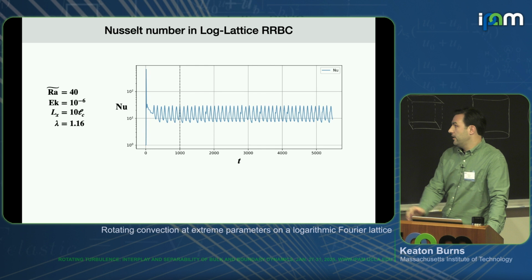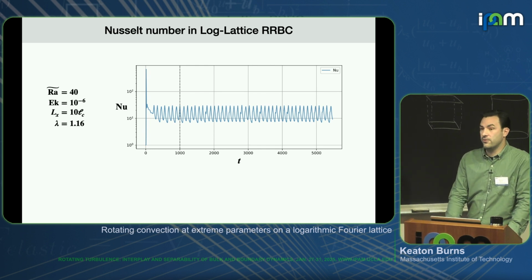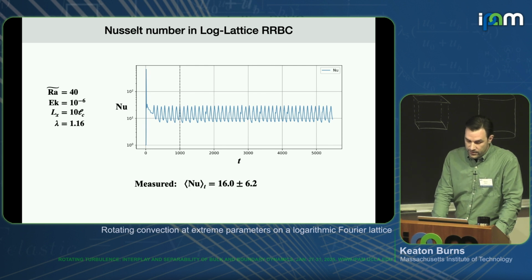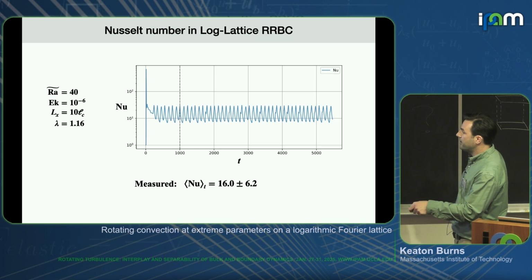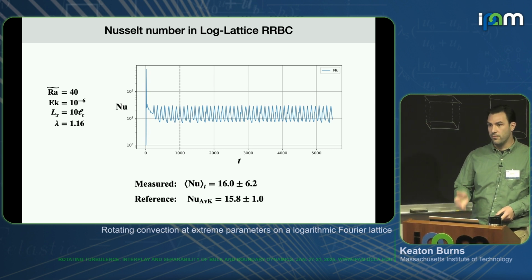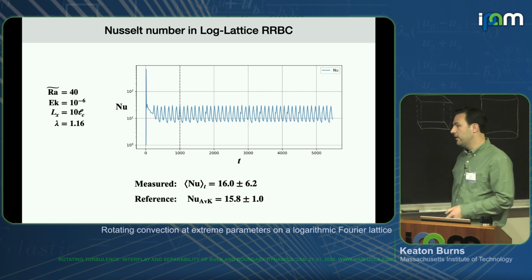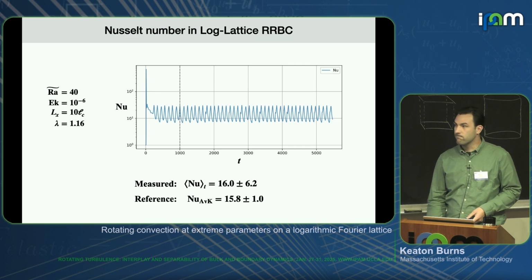Despite this variation, what's really surprising is that we can compare the Nusselt number to a reference. The measured temporal average of the Nusselt number here, despite these large variations, is about 16. The reference, from Adrian's paper, is 15.8 plus or minus 1. What's the aspect ratio?